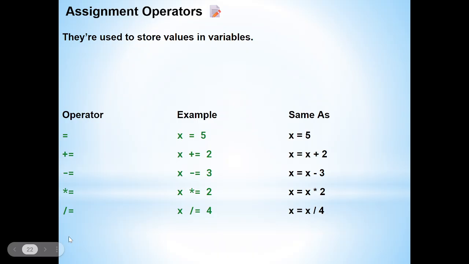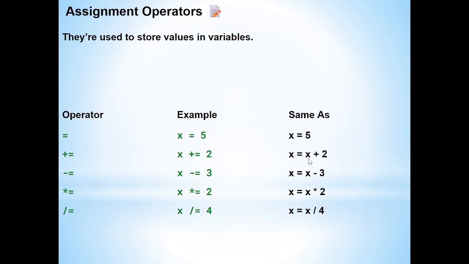Then after it, we learn about assignment operators. Ma'am, can you tell me what is meant by assignment operator? It is used to store values in variables, ma'am. Yes, we store values in a variable, and we can do different kinds of calculations also. There is a shortcut in assignment operators.